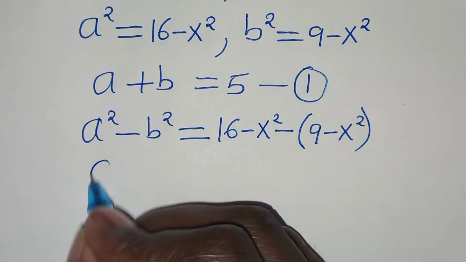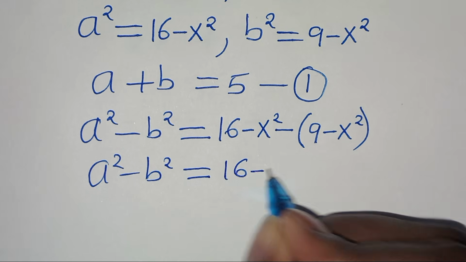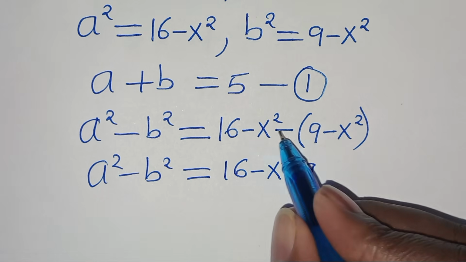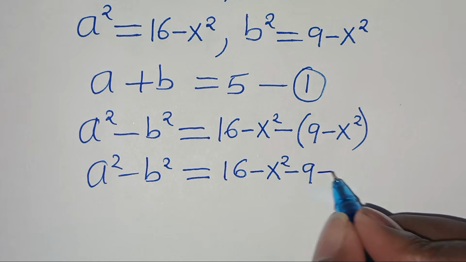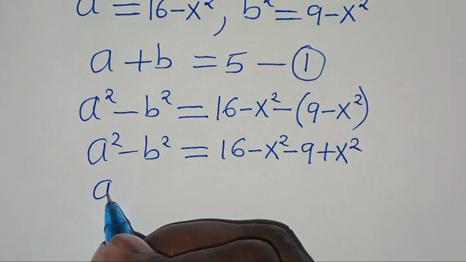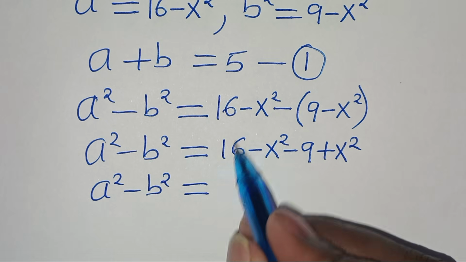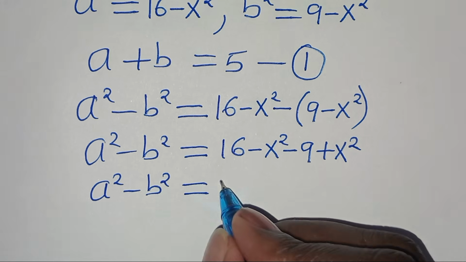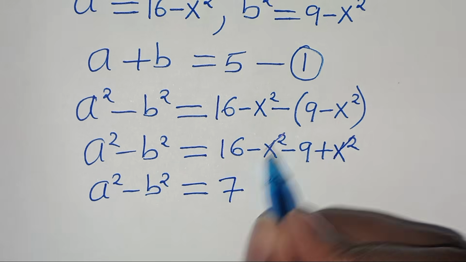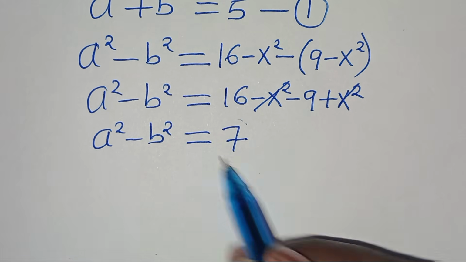So this implies that a squared minus b squared is equal to 16 minus x squared, minus times 9 is minus 9, then minus times minus x squared is plus x squared. So we have 16 minus 9, which is equal to 7, and minus x squared plus x squared simplifies. So a squared minus b squared is equal to 7.